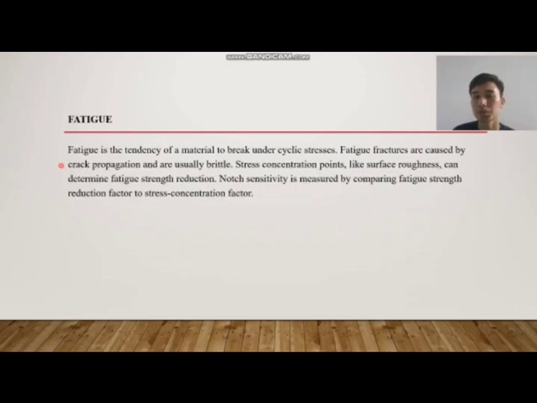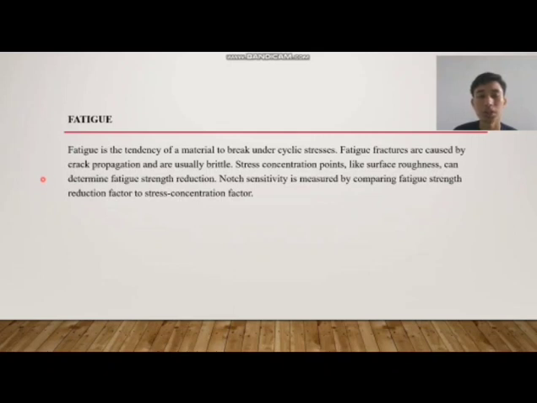Fatigue. Fatigue is the tendency of a material to break under cyclic stresses. Fatigue fractures are caused by crack propagation and are usually brittle. Stress concentration points like surface roughness can determine fatigue strength reduction.